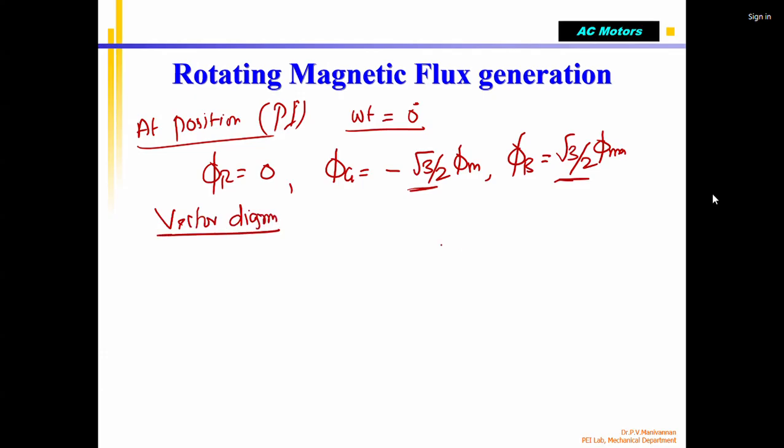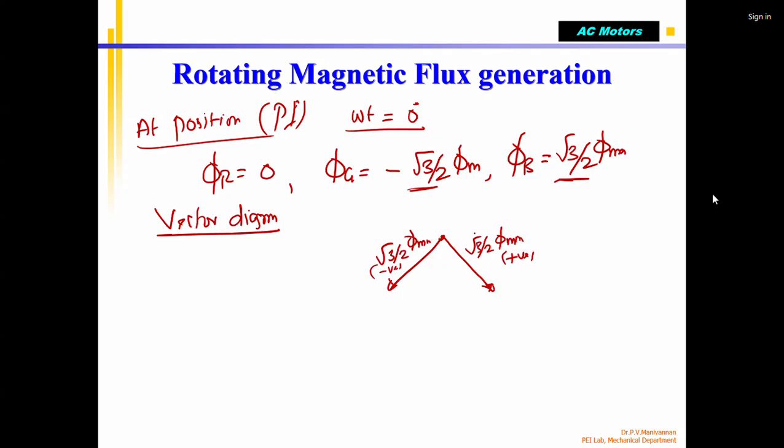Vector diagram. So, okay. This is root 3 by 2 phi max. This is also root 3 by 2 into phi max. This is positive. This is negative. Okay.